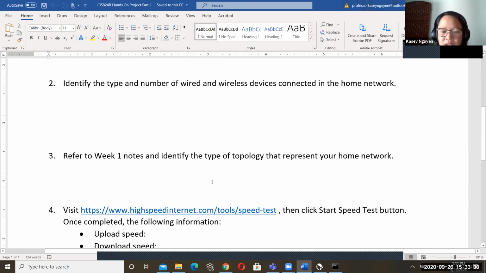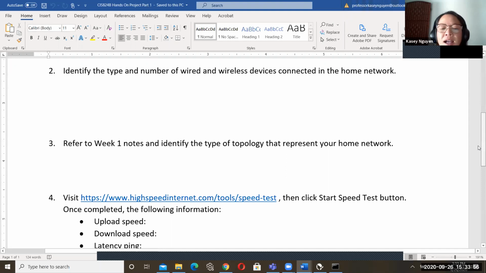Then you can use our notes to identify the type of topology that represents your home network. Is it point to point? Is it point to multipoint? Is it a star? Is it a bus? Is it a mesh? Is it a hybrid mesh? Etc. Okay.